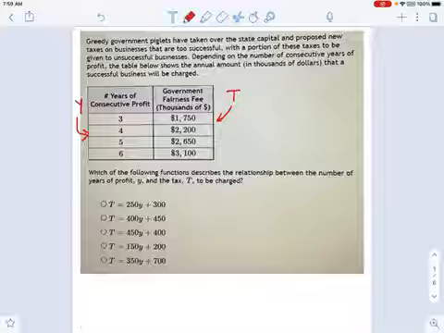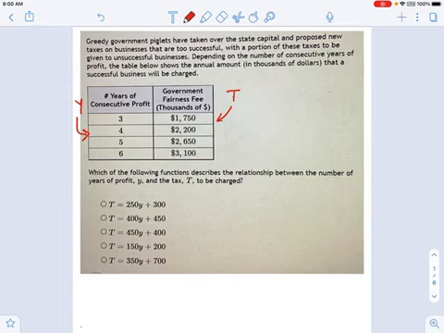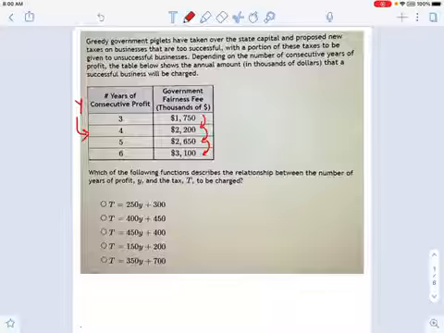The way I would do it is notice that the difference in step size between these different levels of taxes are all the same, right? How much are we going up with each one of these things? Let's see, 1,750 to 2,200. That looks like plus 450.